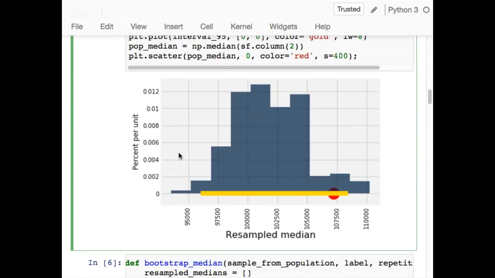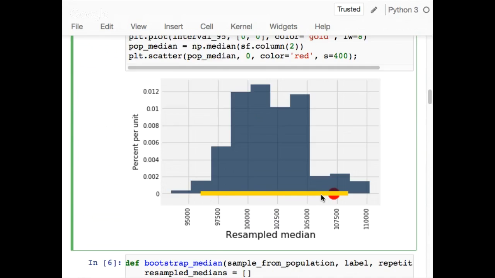So I chopped off some here and some here, and said, here is a range of our medians, median compensation. That range has a special name. It's called a confidence interval. For our purposes, it's basically just, I think that my population median falls somewhere within this range.